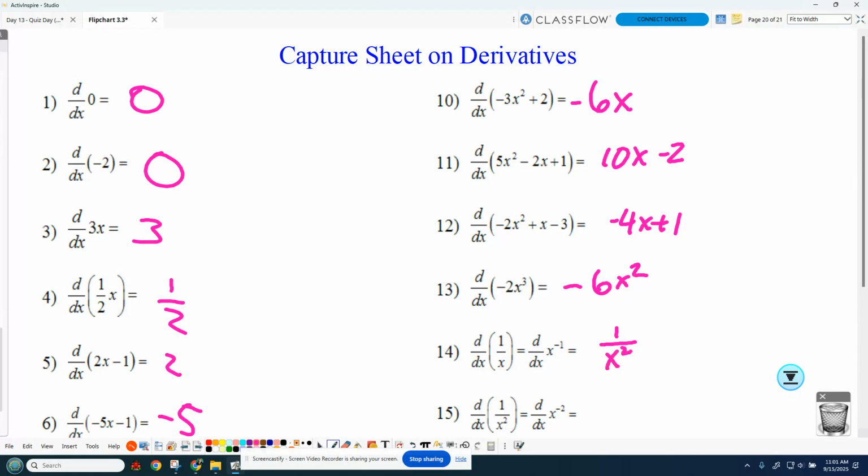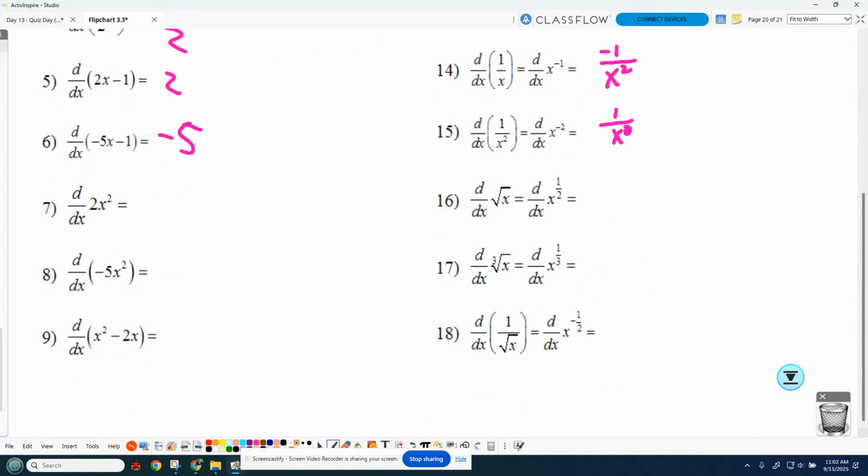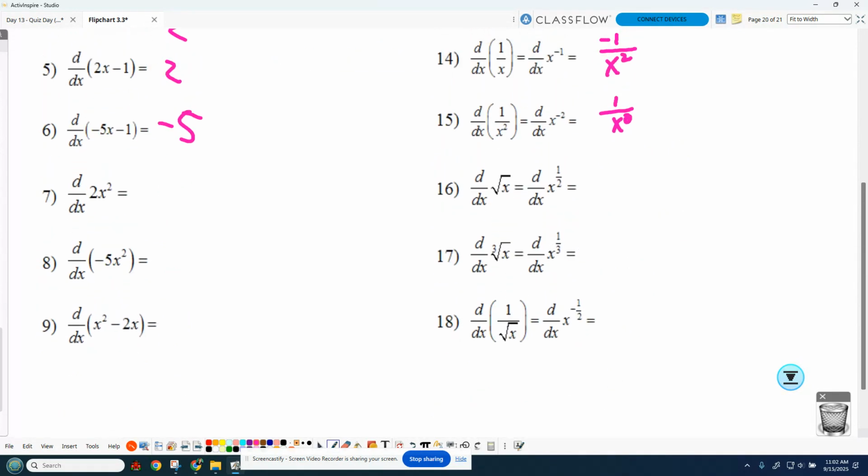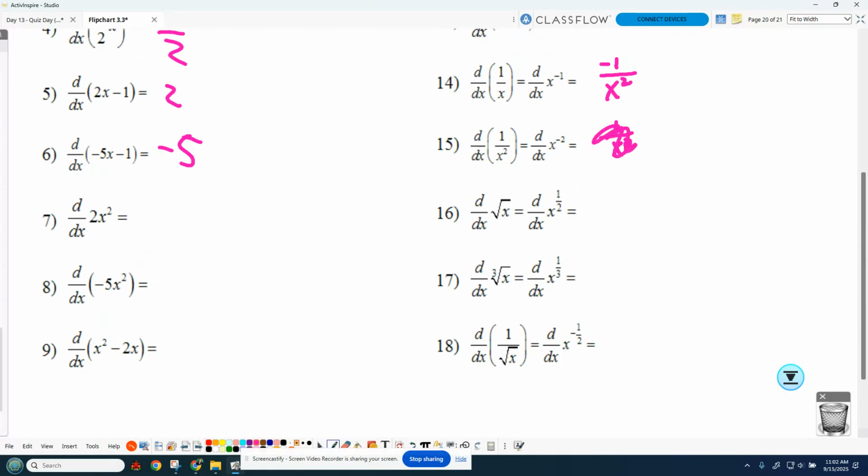Okay, negative, multiply by the power, -1, and now lower the power from -1, -2. So 1 over x to the 3, and then I think there's probably a negative. Multiply by the power. What is the power? -2. Lower the power to -3, and I'm just gonna move it downstairs.